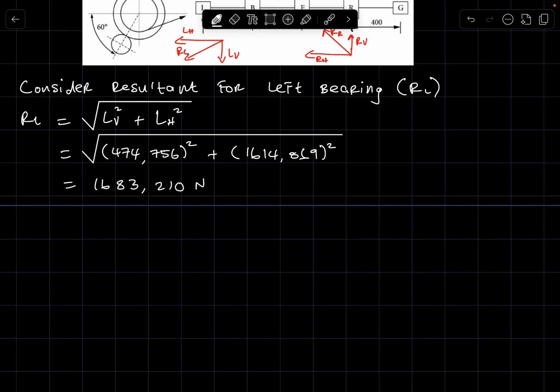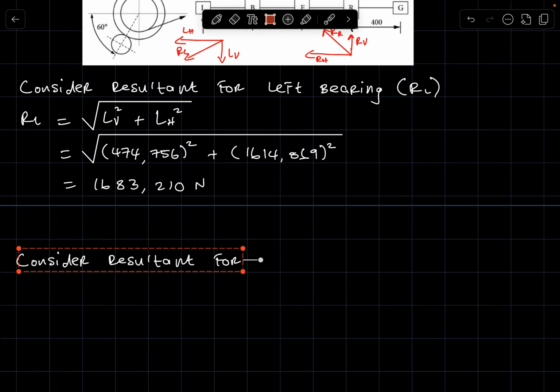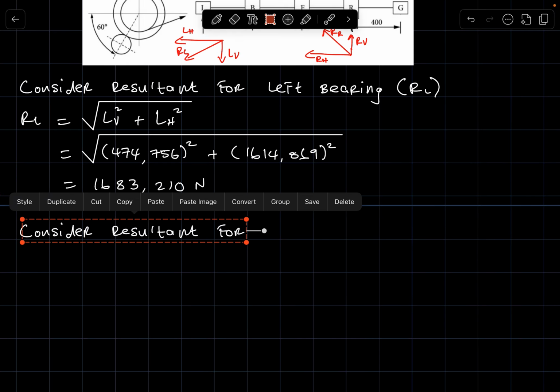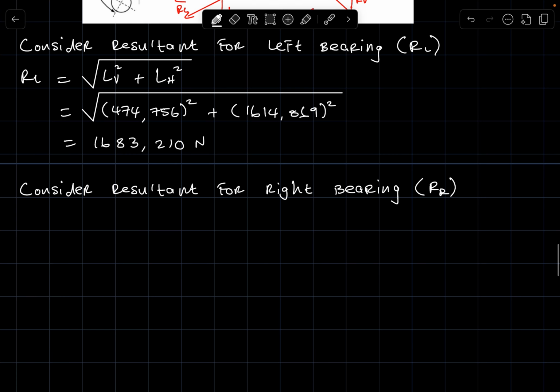Right, and now we consider the right bearing. So considering the resultant for the right bearing, this is RR.